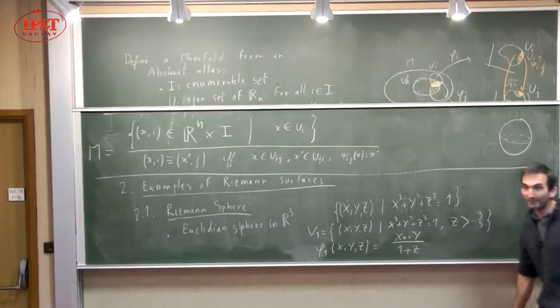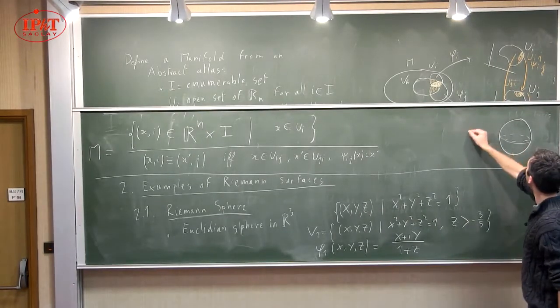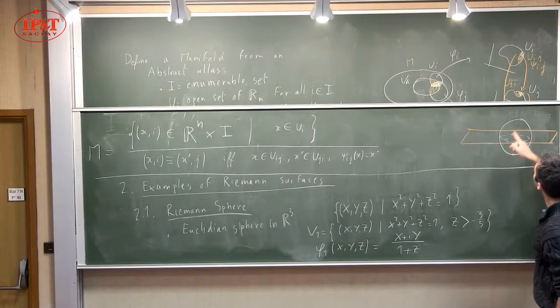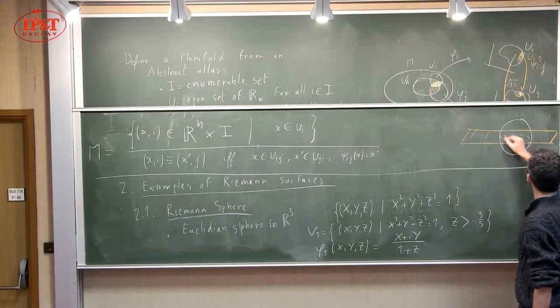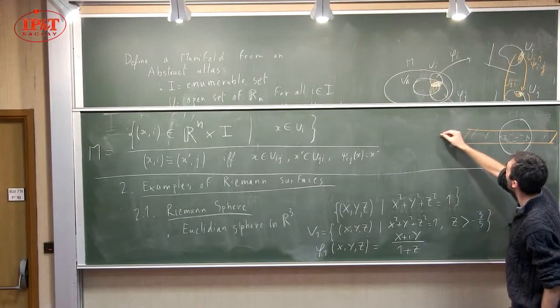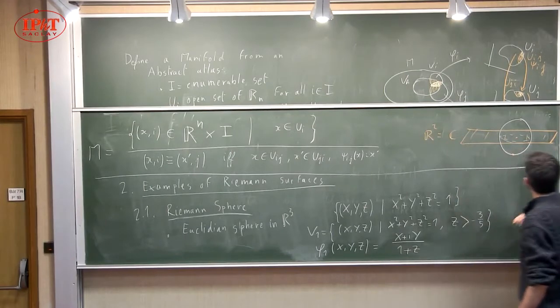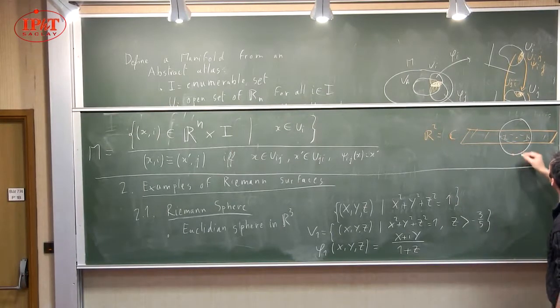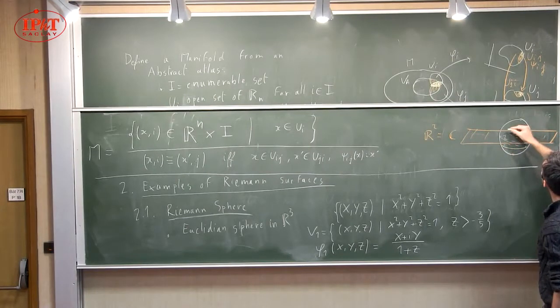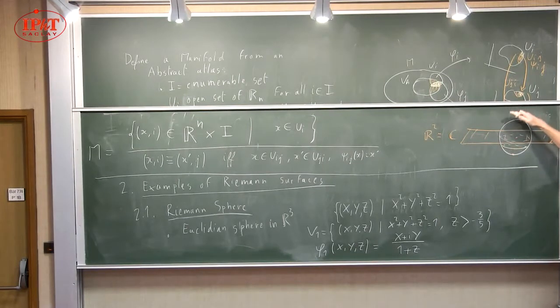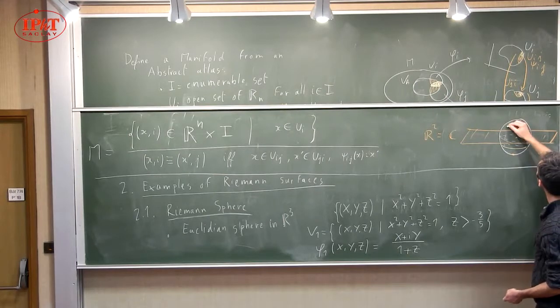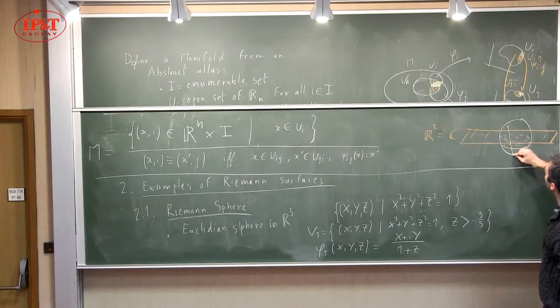It's called the stereographic projection. You take the south pole and you project onto the Euclidean plane which goes through the center, which we shall identify with C. V1 is everything above this height, and for every point on your sphere belonging to V1, you draw the straight line going to the south pole, and it intersects the plane R2 somewhere.